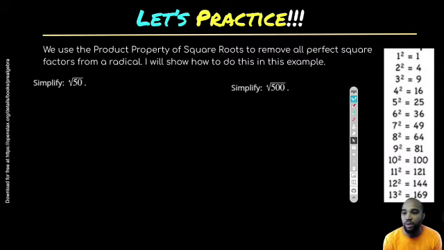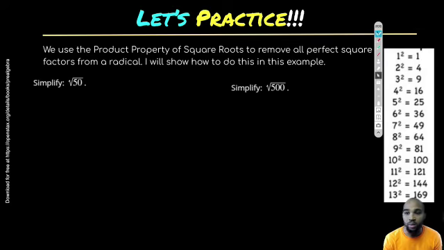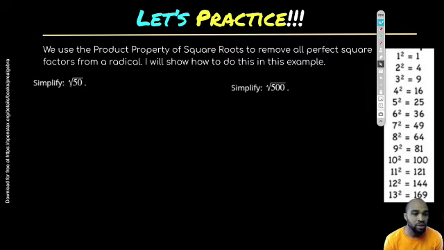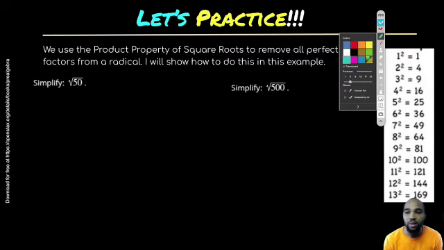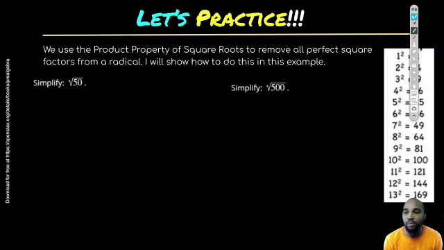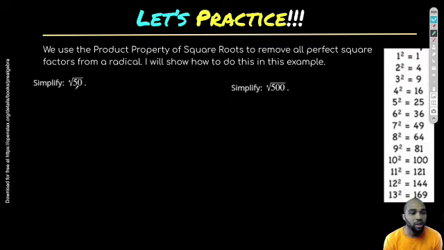All right, so we have this stuff here on the side, which we're going to refer back to because these are perfect squares. So we use the product property of square roots to remove all perfect square factors from a radical. I'll show you how to do this in these examples. For instance, we've got the square root of 50. You can break this 50 into any factors you want to, but let me give you a word of advice.